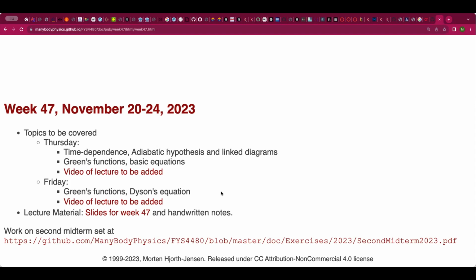So I wanted to repeat a little bit about these definitions of pictures. Last week we discussed the Schrödinger picture, the Heisenberg picture, and the so-called interaction picture. That leads also to a redefinition of creation and annihilation operators in terms of time-dependent creation and annihilation operators.